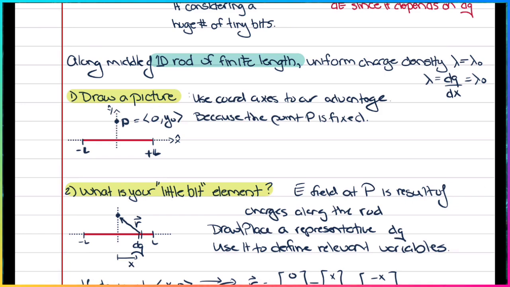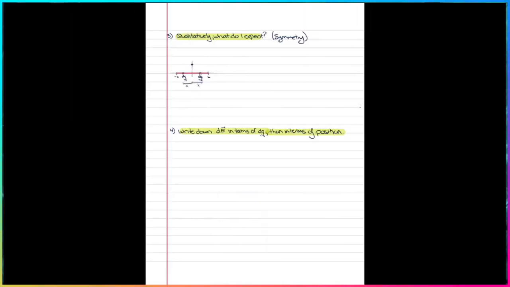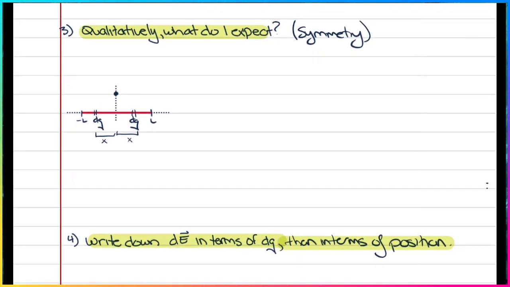It's right in the center. So just ask yourself, is there any symmetry in the problem? In this case, the fact that this point is along the line that divides the rod in two means that there's essentially mirror images on both sides.